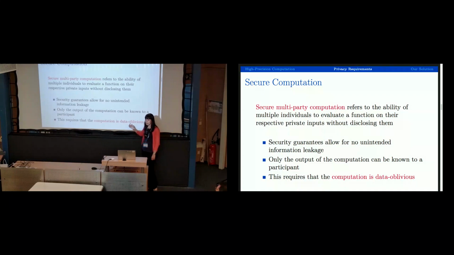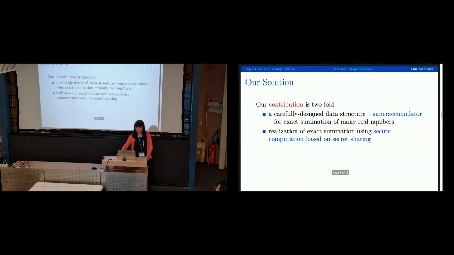This means that the instructions we execute and the memory locations that we touch must be independent of the inputs themselves. The computation cannot depend on the data. This is significant for our work because the algorithms need to be created in that way.